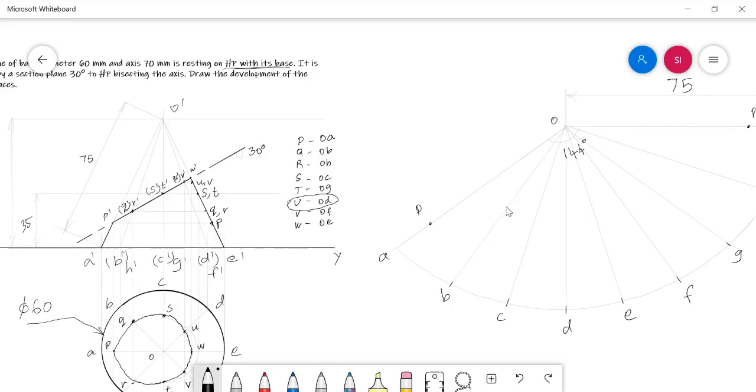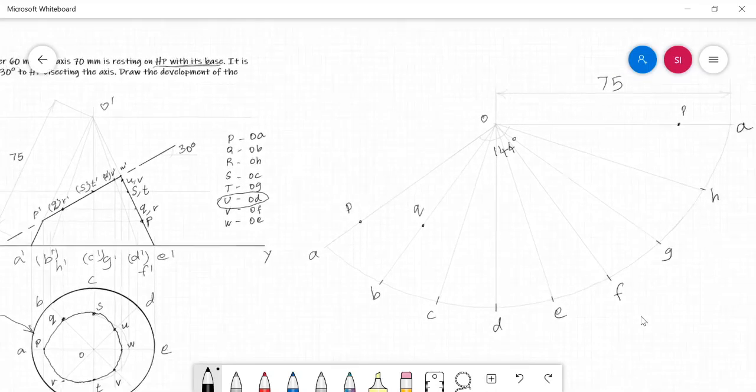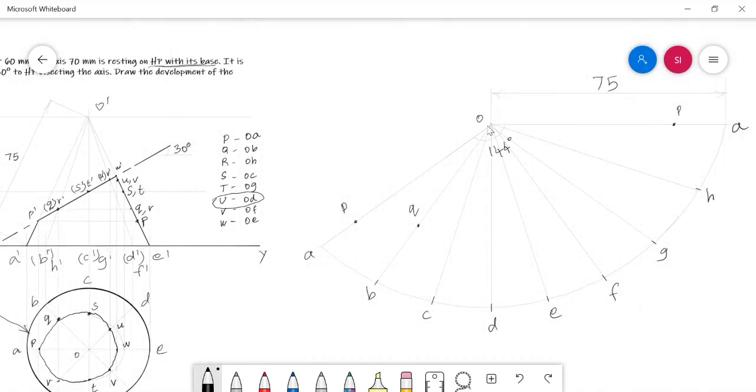In OB, with this O dash Q distance, I am going to mark the cut point Q. This is Q, and in the generator OH, with the same distance I need to mark the cut point R. So in the generator OH, I need to mark the cut point R approximately in this spot.